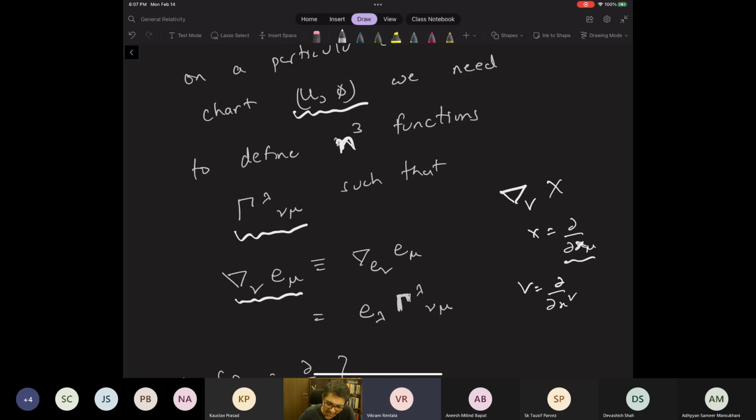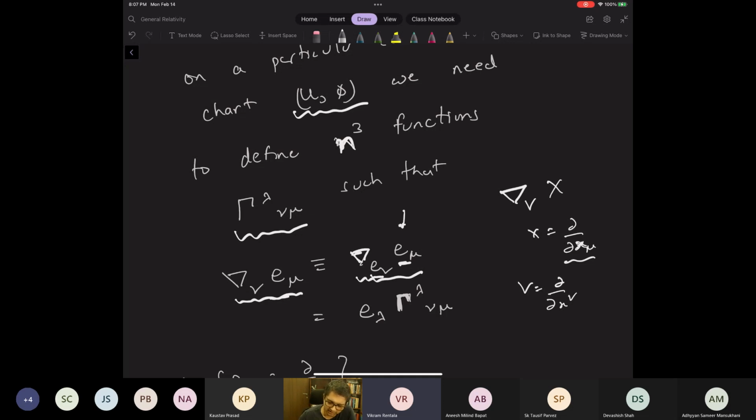This derivative gives you a vector at all points on the manifold. What we're saying is that this vector, by definition, is the derivative along the e nu direction of the vector field e mu. This is only valid in some coordinate patch.